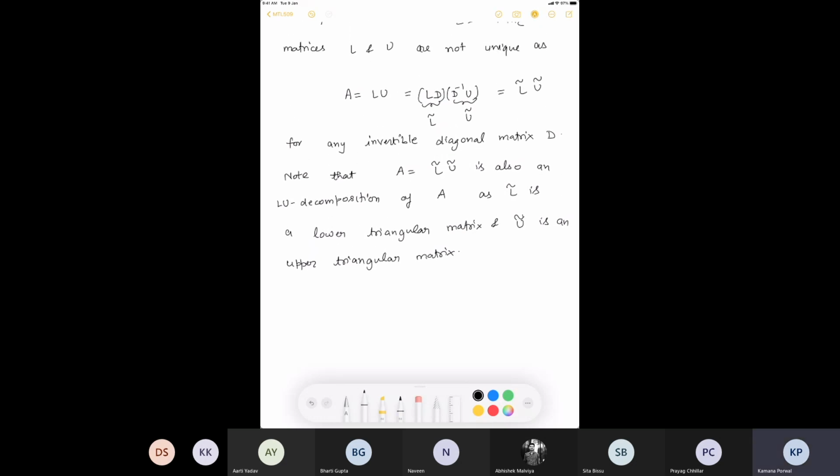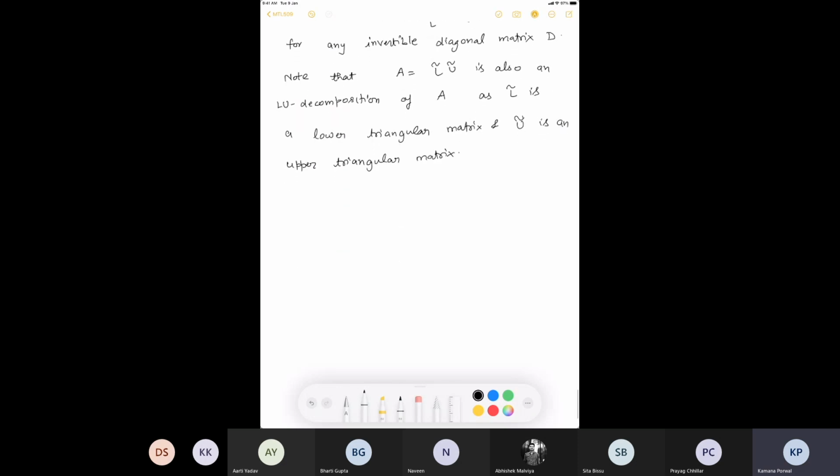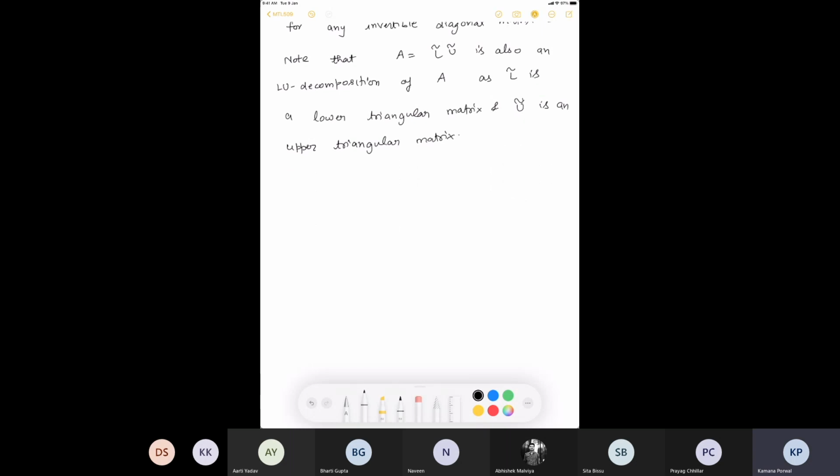Okay. So now to fix which representation I want to have, there's a particular LU decomposition. We call it Doolittle's factorization or Doolittle's decomposition. This is a special case of the LU decomposition, named after the author Doolittle.